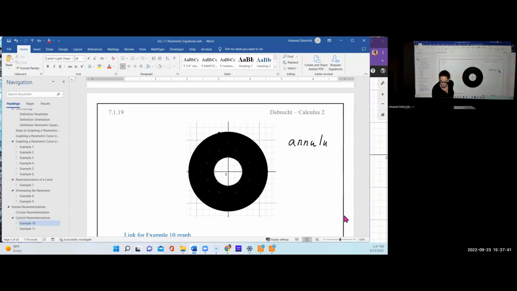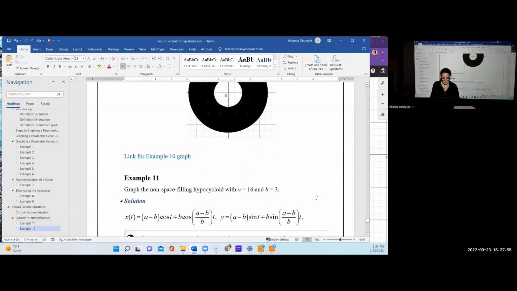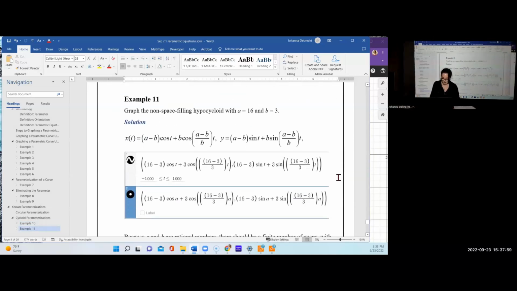Annuli for plural, so annulus is singular. It's basically a ring. It's a donut, basically. So when you get the donut shape, we call it an annulus, and this is what it would look like. And this is what we mean by space filling. And if you want to play with it, I have a link right here that you can use if you have access to my notes.